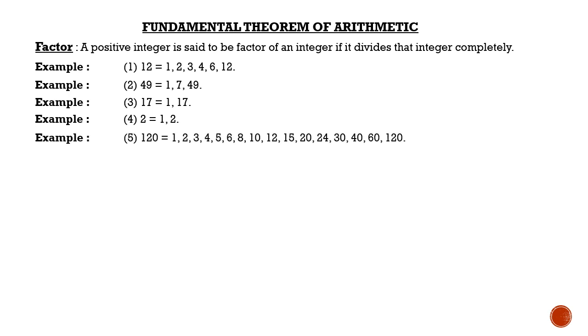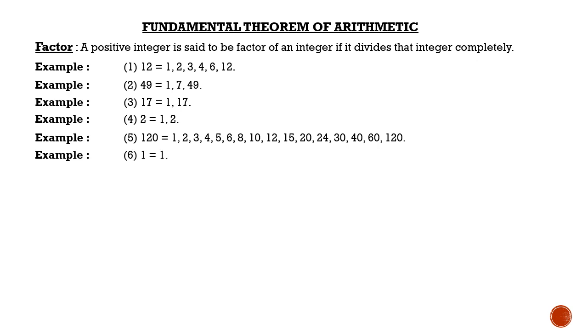Next example, the fifth one, 120. You can see there are many numbers which divide 120: 1, 2, 3, 4, 5, 6, 8, 10, 12, 15, 20, 24, 30, 40, 60, 120. All these numbers are called factors of 120.